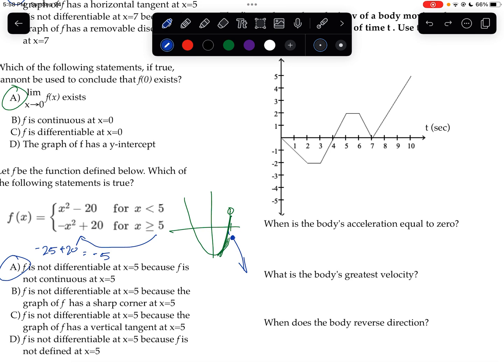So when is the body's acceleration equal to 0? Since acceleration is equal to v prime, which is equal to the slope of the graph v, if you're asking for when the acceleration is equal to 0, that's when the slope of this graph is equal to 0. So that'd be here to here.